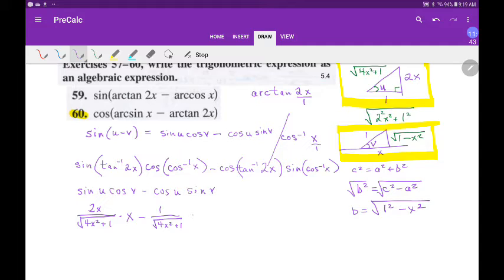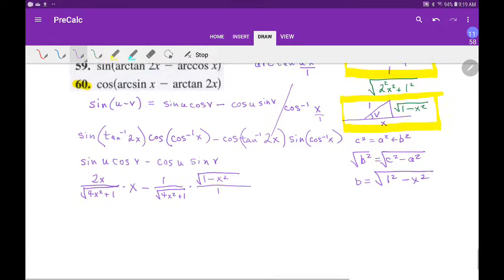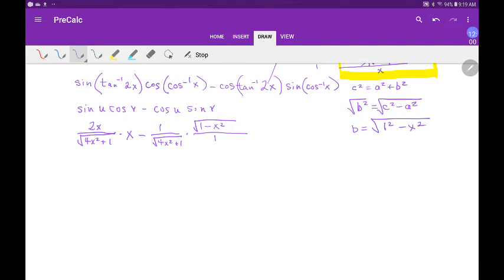And what's the sine of V? Well, let's see. The sine of V is the opposite, which is the square root of 1 minus x squared over the hypotenuse, which is 1. Okay, so it's nice we have a common denominator. So when we multiply this together, we're going to have 2x squared minus the square root of 1 minus x squared, all over the same denominator, the square root of 4x squared plus 1.